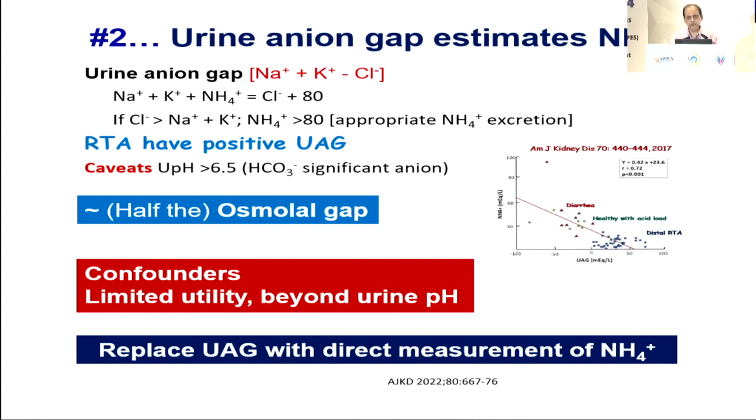And there is a move, at least within nephrology, to replace the anion gap with direct estimation of urinary ammonium, and say that you should estimate ammonium directly rather than relying on a surrogate test. Practically speaking, as far as what I have seen in the last 3 decades of my practice, the role of the anion gap has declined. There was a time when it really was at its peak, but clearly the anion gap is less often used in evaluating children with suspected renal tubular acidosis.